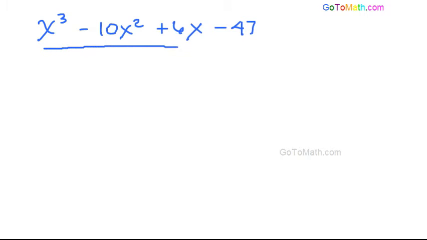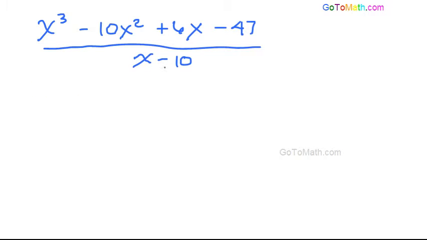Alright. x cubed minus 10x squared plus 6x minus 47, and that's all over x minus 10.